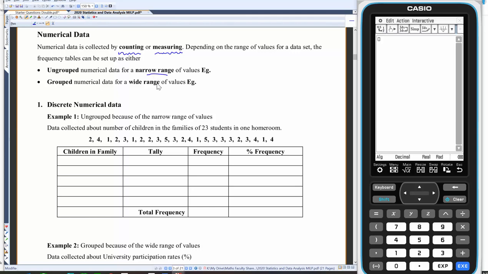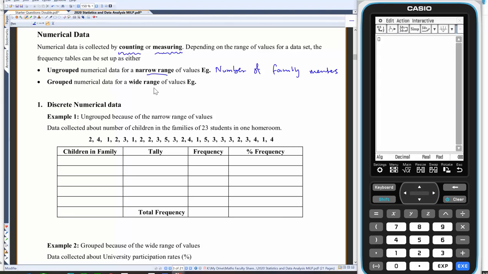An example of something that would have a fairly narrow range of values would be something like, say, number of family members. So talking about your immediate family there, okay? So you might have 3, 4, 5, 6, 7, maybe out to 10, 11 maybe, if you're quite a large family, 12 perhaps, but it's still a fairly narrow range of values.